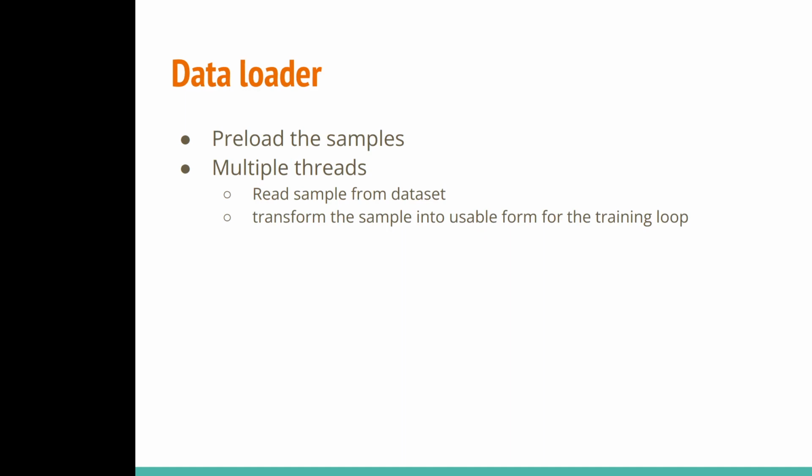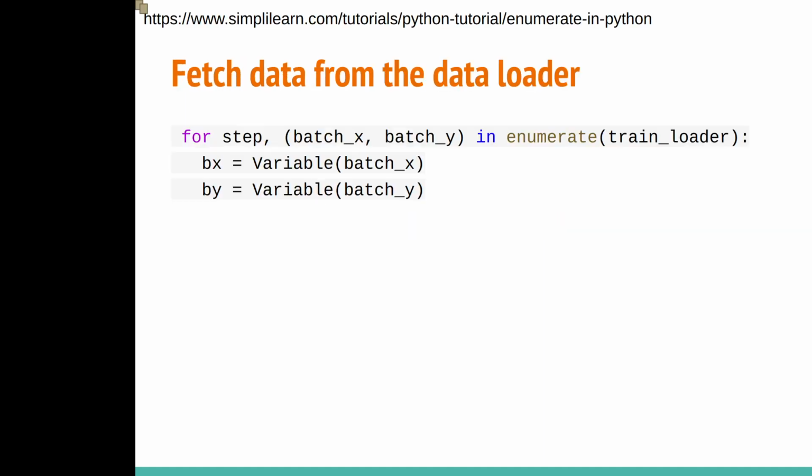In the data loader, it will try to split the input data into a couple of batches and use multiple threads to read the data from the data source and transfer the samples into a useful form for the training loop. Here is the way we use the data loader.